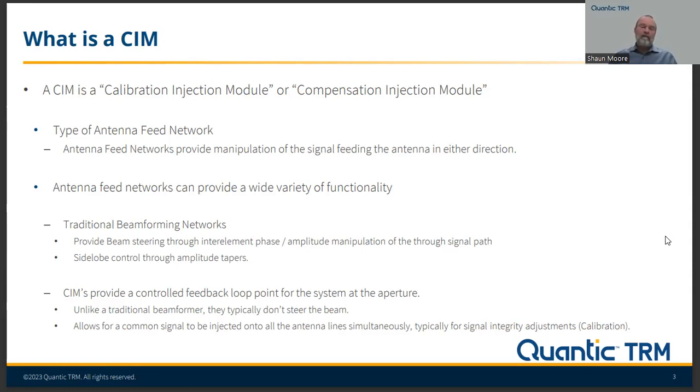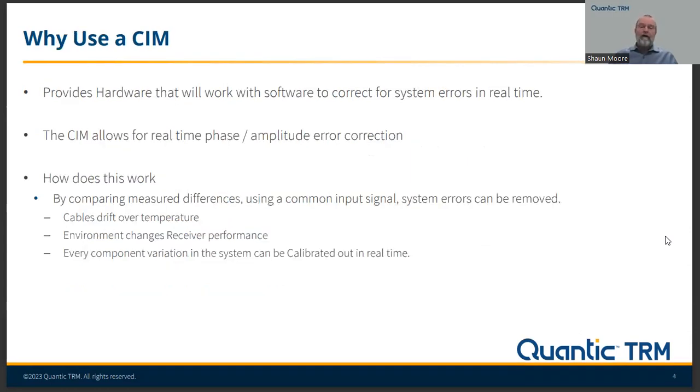And maybe you could speak a little bit more about some of the reasons for using SIMs. Sure. If you're looking at what a SIM does, it is a point, a piece of hardware that allows software to do its job. We like to think that you can calibrate most things out using software, using various error correction techniques for phase and amplitude correction.